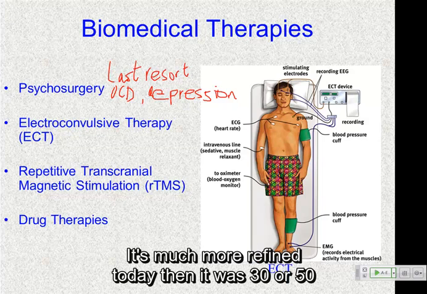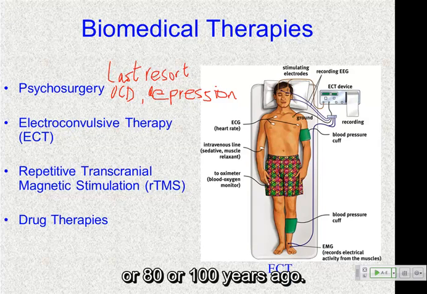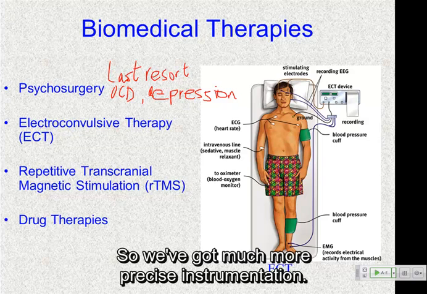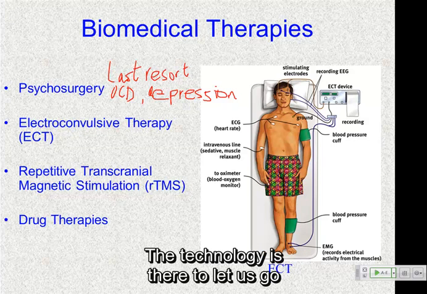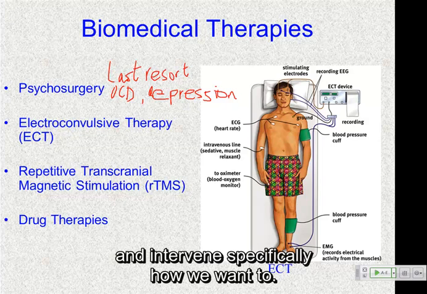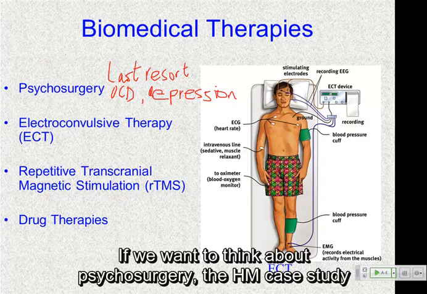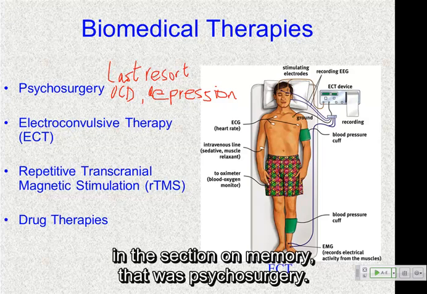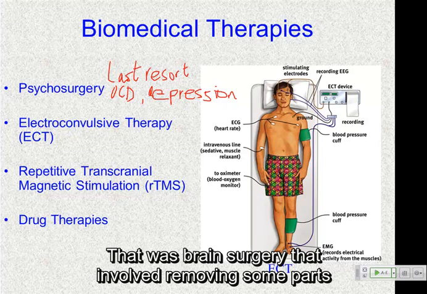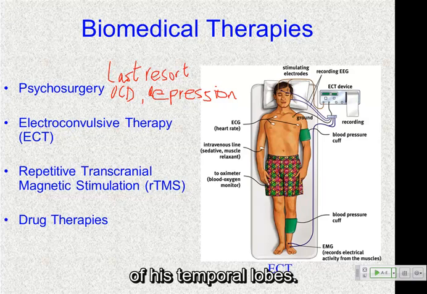It's much more refined today than it was 30 or 50 or 80 or 100 years ago. So we've got much more precise instrumentation. The technology is there to let us go and intervene specifically how we want to, right? If you want to think about psychosurgery, the HM case study in the section on memory, that was psychosurgery, right? That was a brain surgery that involved removing some parts of his temporal lobes.